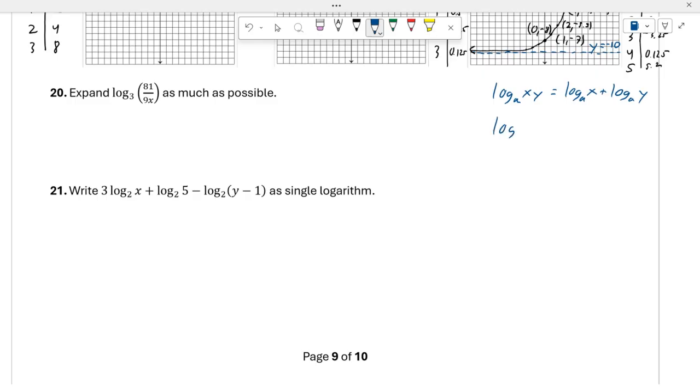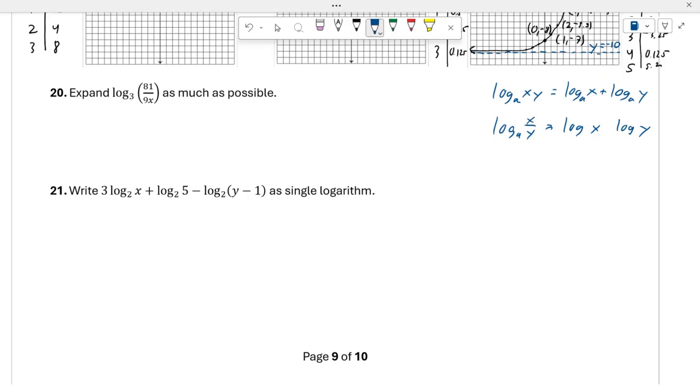There is also a quotient rule. It shouldn't really be that surprising. If there's something that happens with multiplication, then there's probably going to be something that happens with division.